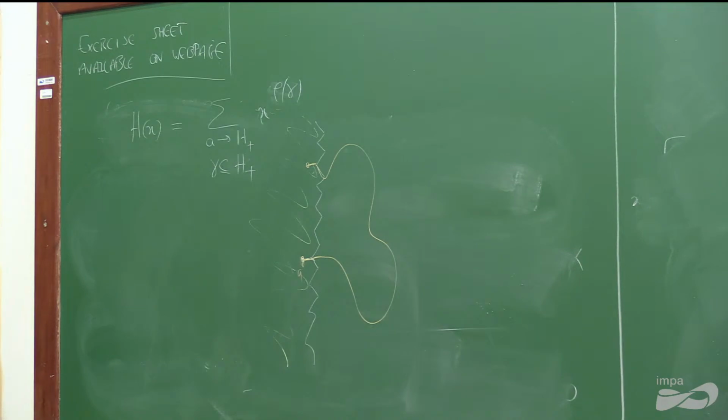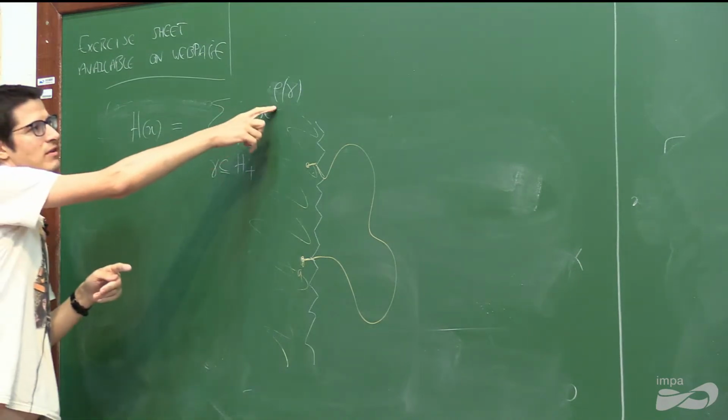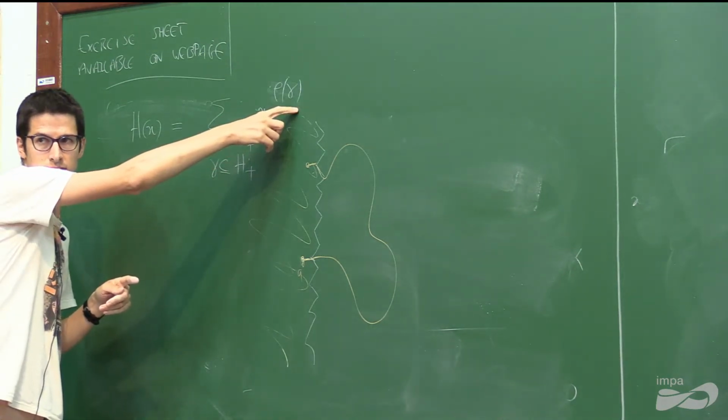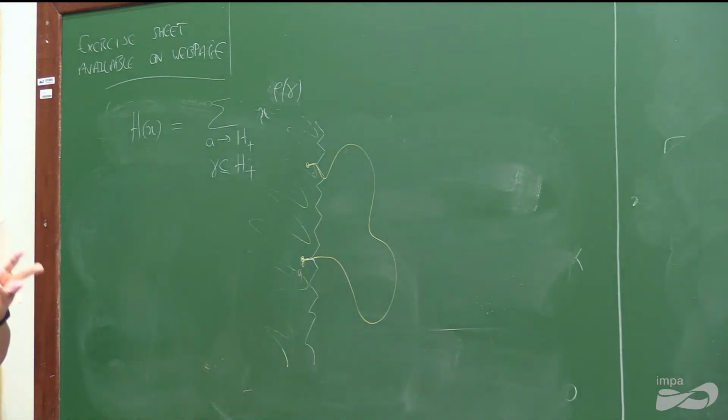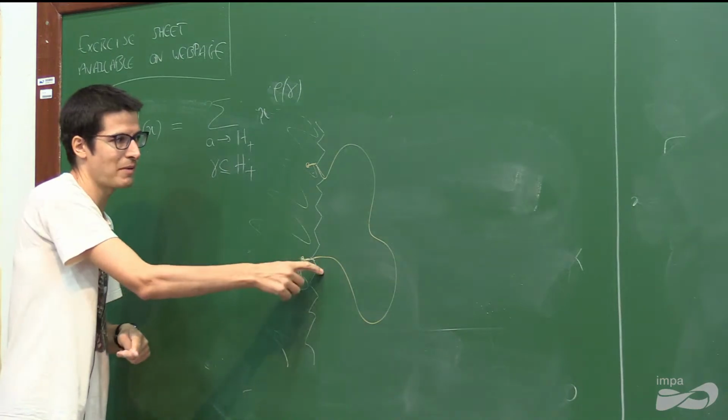If I'm summing over all these walks x to the L gamma, and I never go strictly to the left, this means that the first step has to be to the right.